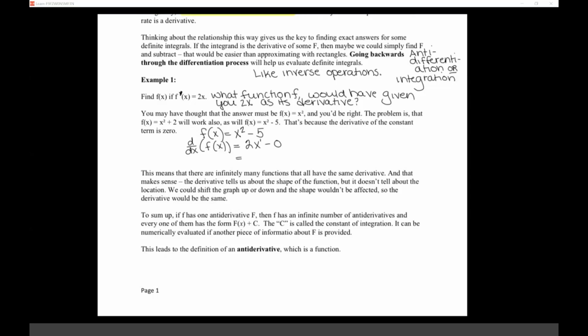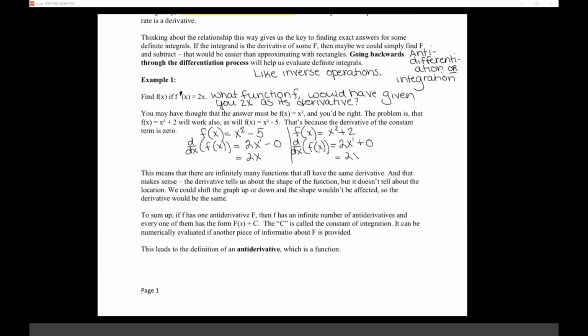So that gives me 2x. If you try it with the other one, where f of x is x squared plus 2, and you differentiate that, you do the same thing: bring down your exponent, drop the exponent by 1, and the derivative of a constant is 0.